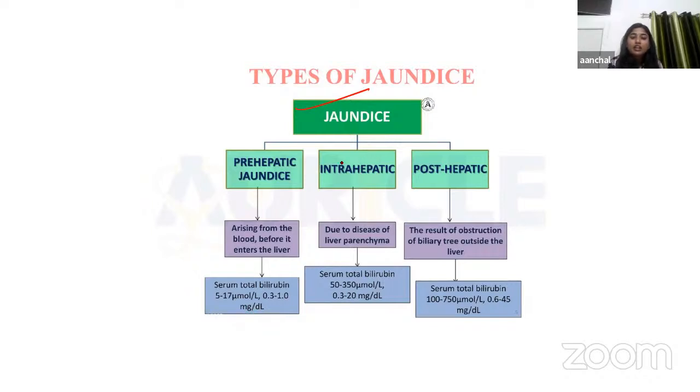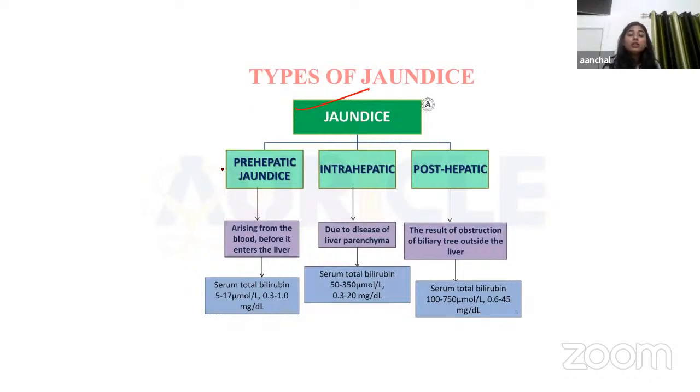Intrahepatic, or hepatocellular, jaundice is due to disease of the liver parenchyma, meaning the tissue of the liver, whenever it gets affected. Again, the serum total bilirubin level is 0.3 to 20 mg per deciliter. Then post-hepatic jaundice occurs whenever there is obstruction to the biliary tree outside the liver. Again, the total serum bilirubin level is 0.6 to 45 mg per deciliter.